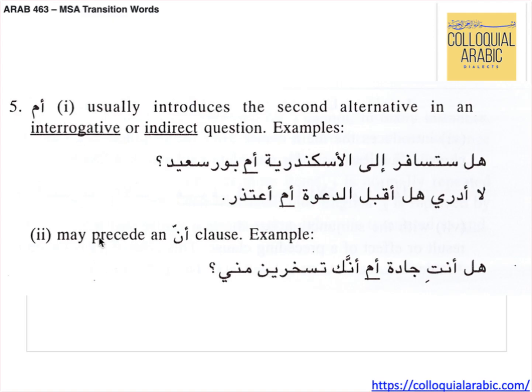The link word may also proceed after 'anna. Hal anta jadd annaka tadhak am tasskharu minni? Are you really coming, or are you joking with me? So two options again.